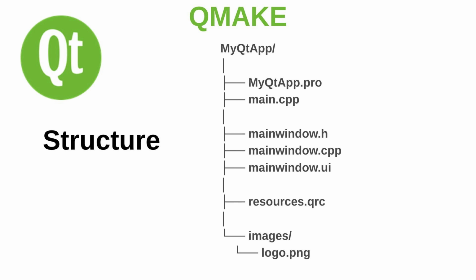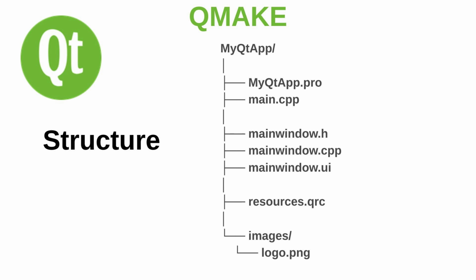Based on this .pro file, QMake generates platform-specific build files, such as makefiles on Linux or project files for IDEs like Visual Studio, allowing the same Qt project to be built across different operating systems without rewriting build instructions.